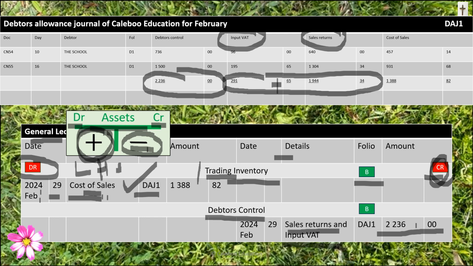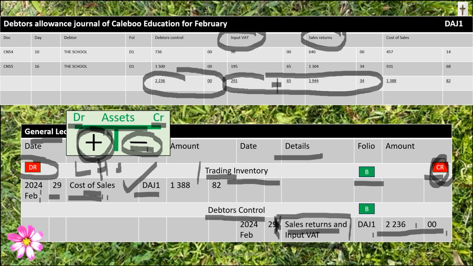That's why under details there's sales returns and input VAT. Both those accounts are going to be debited as debtors control was credited, but we'll look why these accounts were debited in a moment.